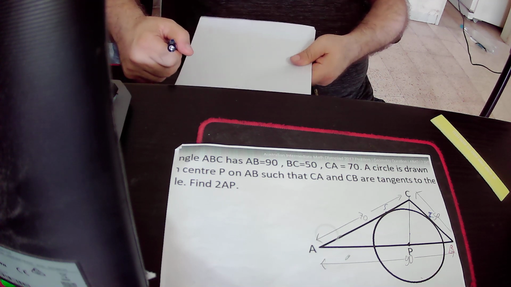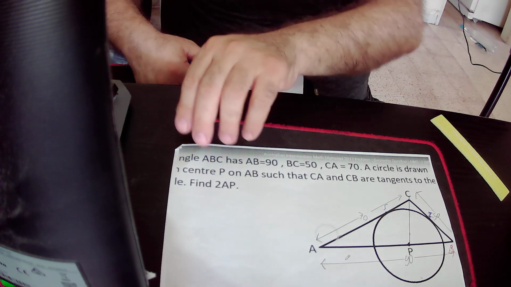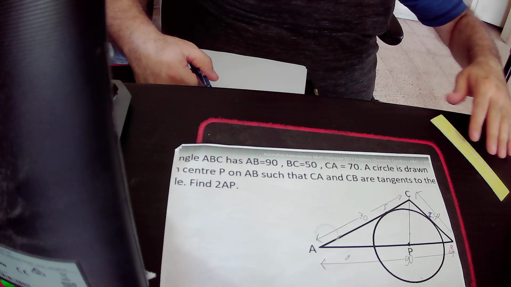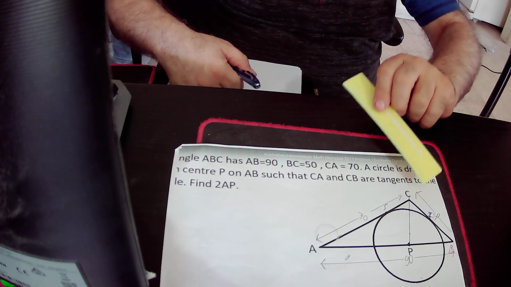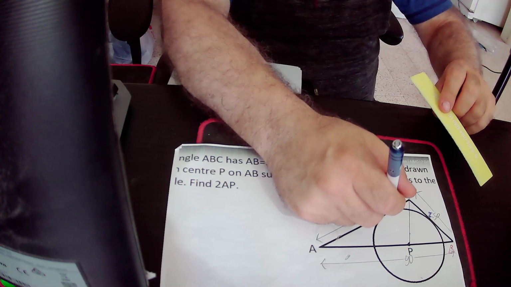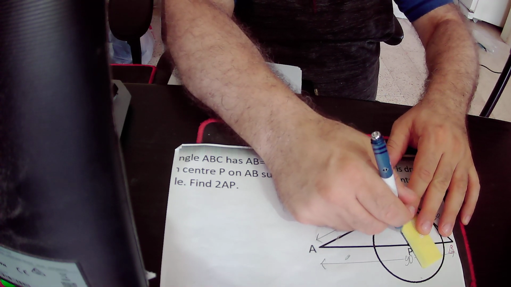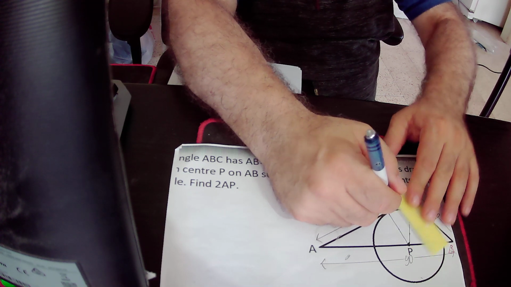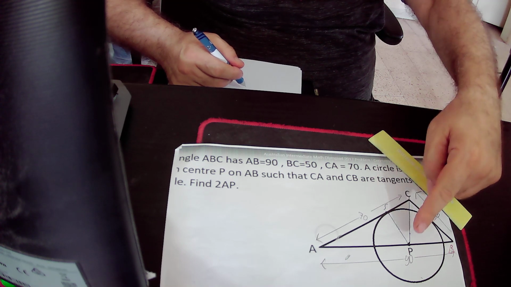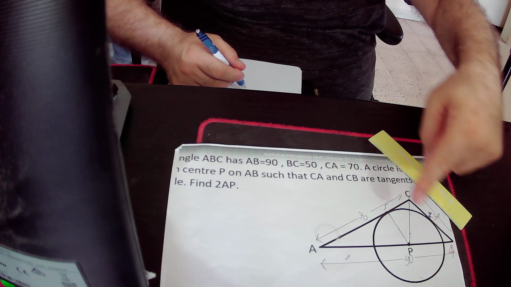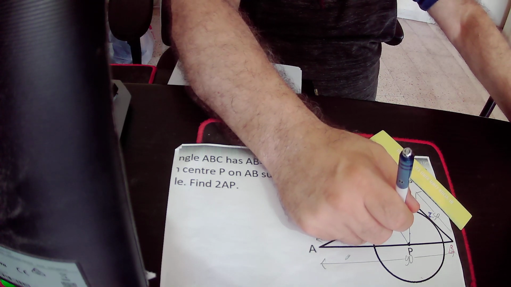And actually we will connect points P and S. So this line PS is also the radius of the circle.